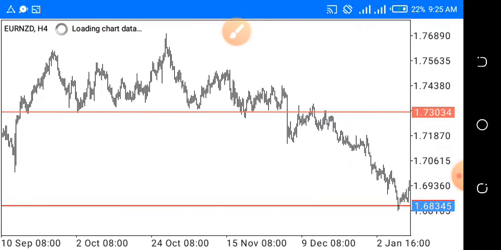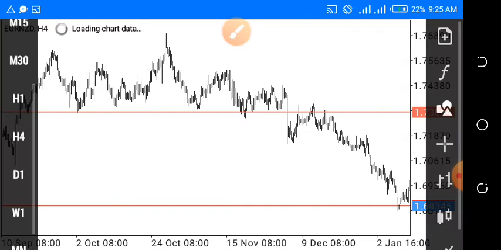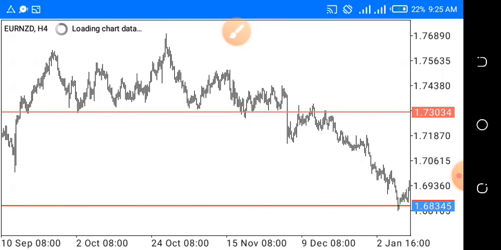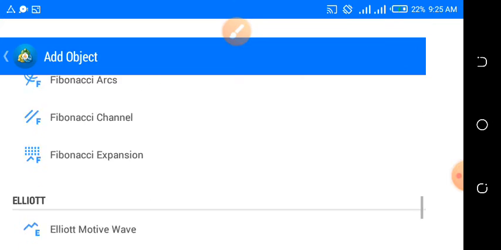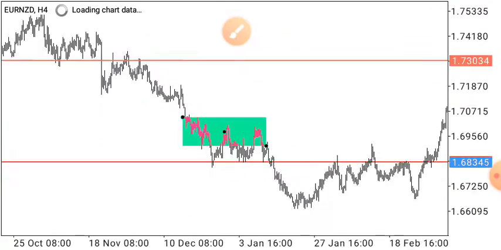What happens to a support is that price uses it as a support. When price comes to a support, it's likely to bounce from that support and buy. Support is when price is selling and it finds a leg, and that price bounces from that support and buys. So let me draw the support like this, to make it clearer.